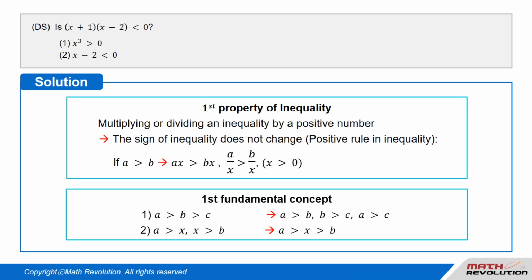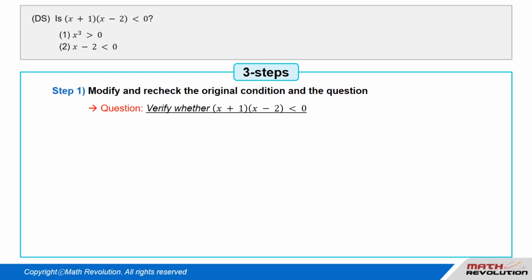Let us follow the first step of the variable approach by modifying and rechecking the original condition and the question. We are required to verify whether (x + 1)(x - 2) < 0 is true.